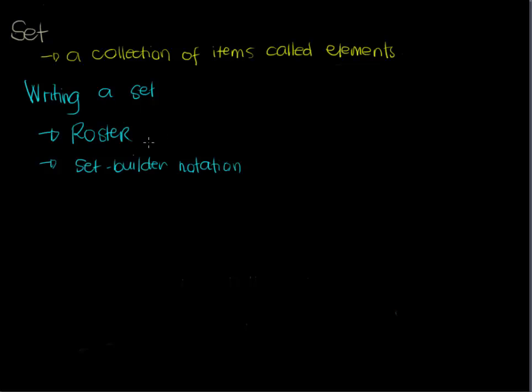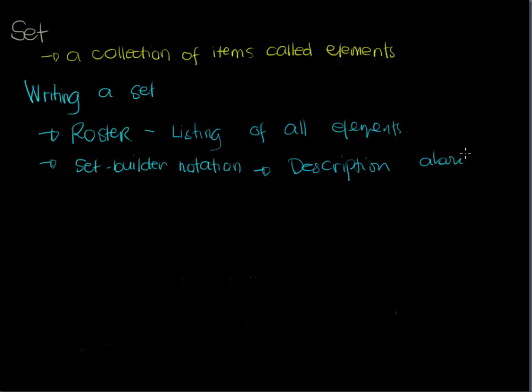So the roster method is actually the listing of all elements in the set. Well, the set builder notation is using a description about the set. Okay, so let's have an example here.